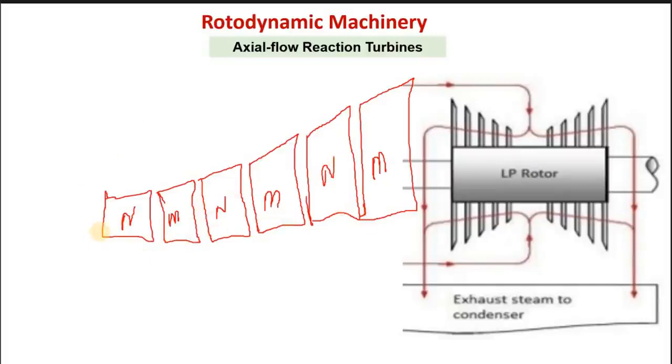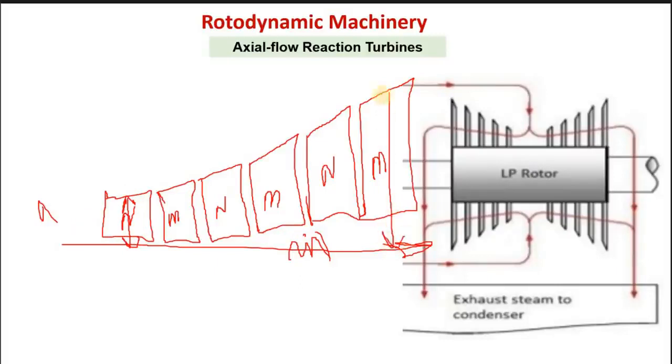casing. The important thing to note here is that the mass rate of the fluid is in this direction. That is the axial direction. And you can see here the height is continuously increasing till here. Here you have maximum height.